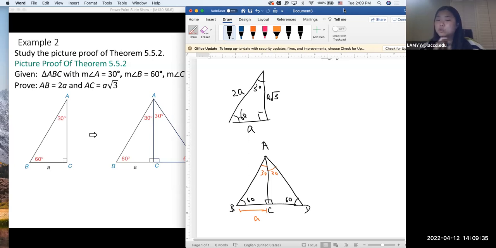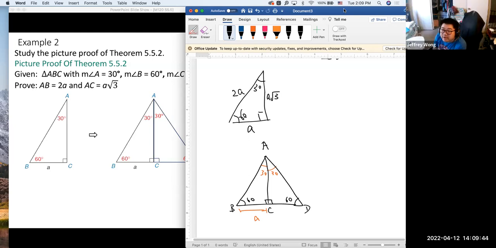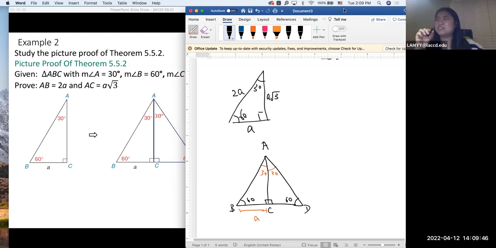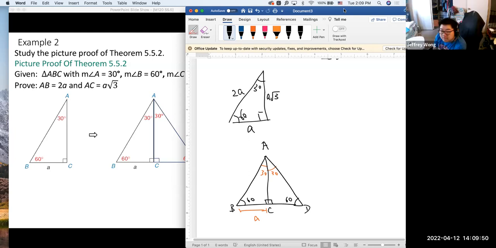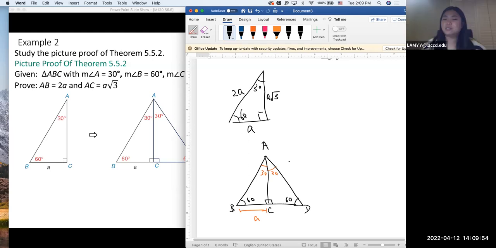It's not just equilateral, right? It's equiangular, but equiangular triangles are also equilateral. Equiangular and equilateral should be, right? Yes, because this is 60 degrees, 60 degrees, and 60 degrees.